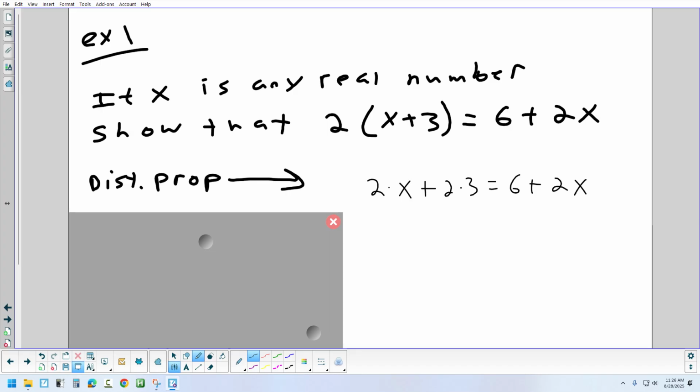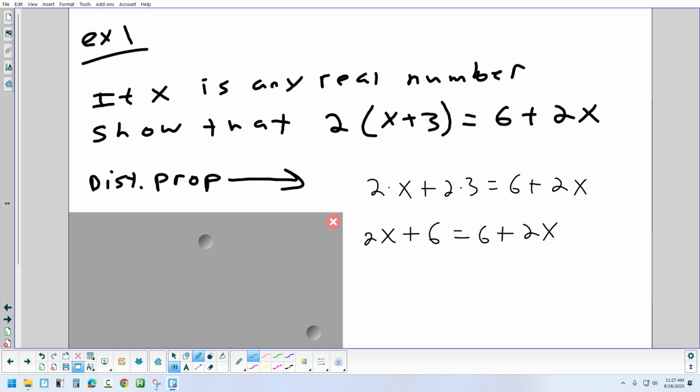Now this one doesn't really have a good name. I'm just going to do this. Don't overthink that too much. But what did I basically do in that step? I didn't switch the order. Like if this said 2x plus 6 on that side, then I would have switched the order.